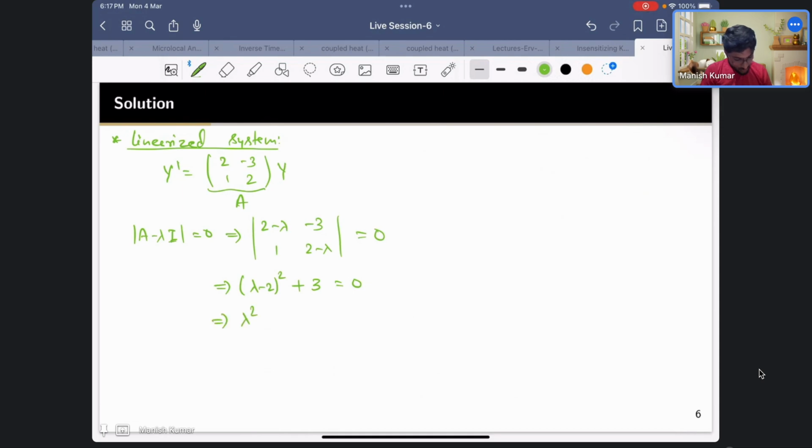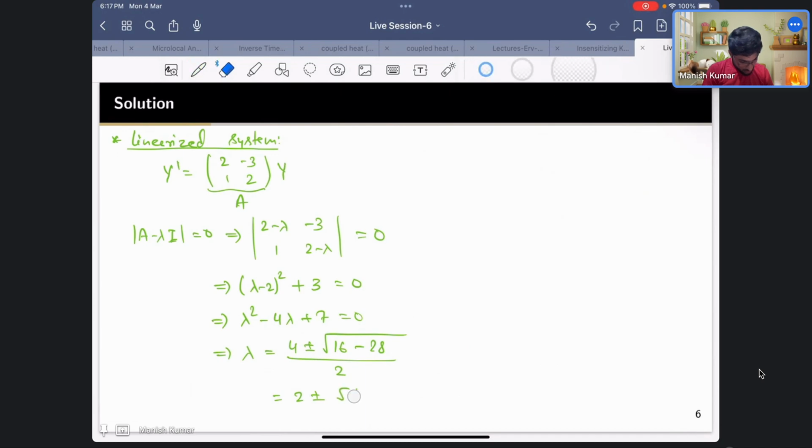So you have lambda square minus 4 lambda plus 7, so lambda is 4 plus minus root of 16 minus 28, by 2. So this is nothing but 2 plus minus root 3 i, correct. So this is what you get as the eigenvalues, right?